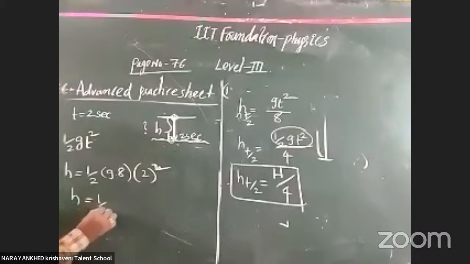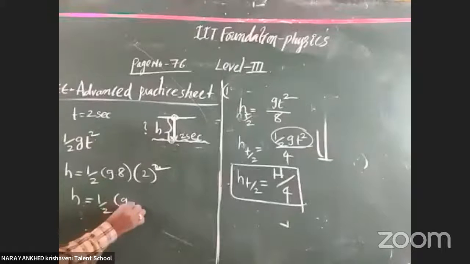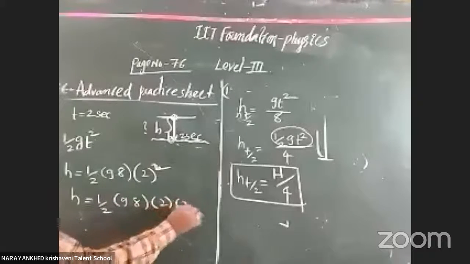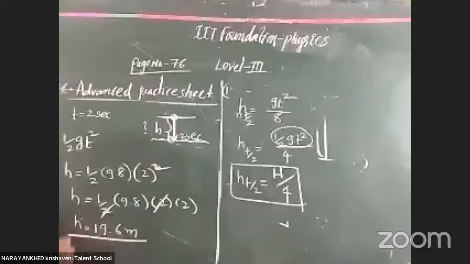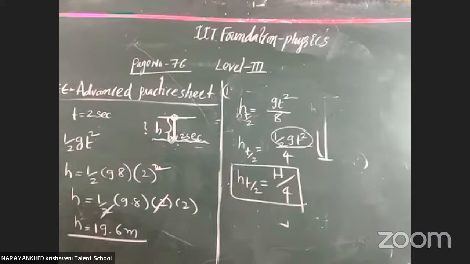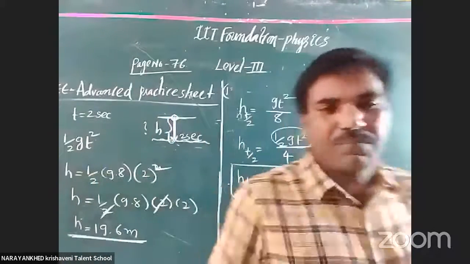Half into 9.8 into 2 into 2. The 1 and 2 cancel each other. h is equal to 19.6 meters. Clear or not? The height of our bridge is how much? 19.6 meters. Got it? I hope you got it.